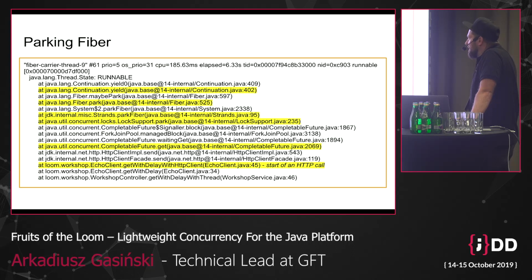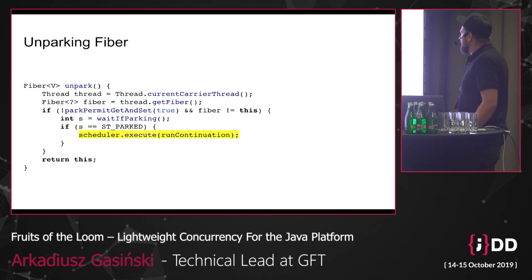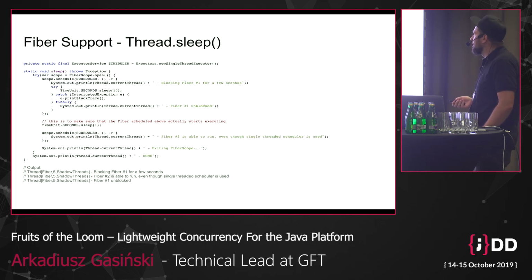And when we park a fiber, we basically yield the continuation on top of which the fiber is built. And when we want to unpark a fiber, it was a bit harder to catch a stack trace. You basically schedule the fiber's continuation again, because the fiber's continuation implements runnable, so you can just make it run again. It's like resuming the continuation's execution.